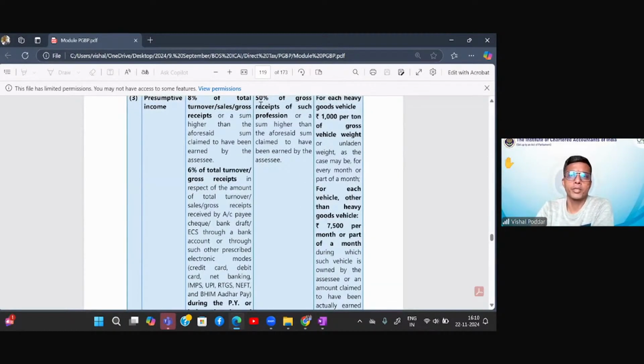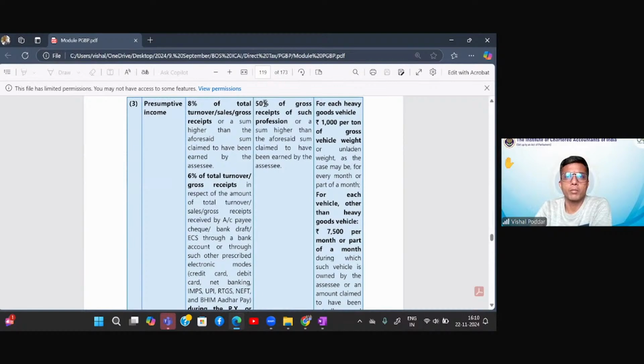Similarly, for professionals, the estimated income is 50%. So according to the law, a professional, whenever doing a profession, has very few expenses. So let us allow them 50%. And if you are a transporter, you may have two types of trucks. First truck is called a heavy goods vehicle.